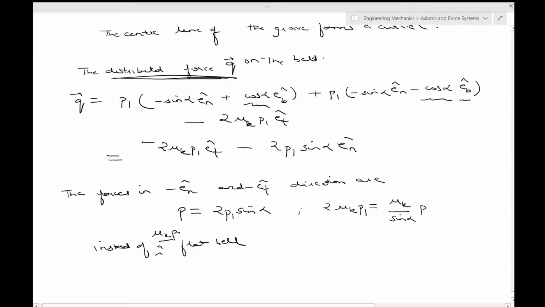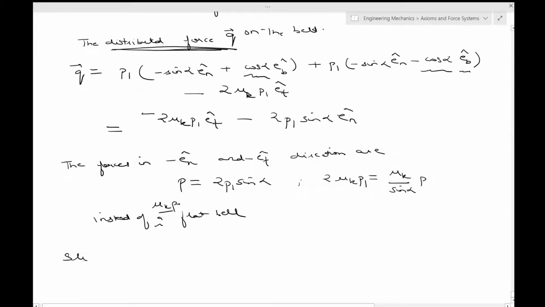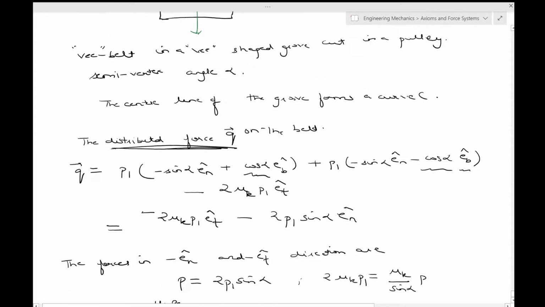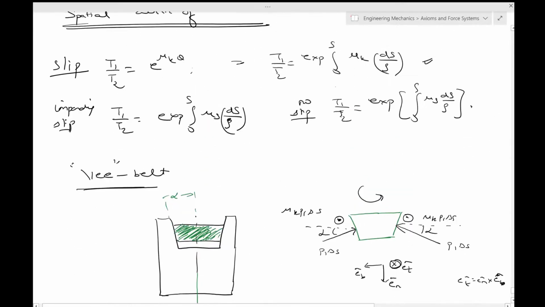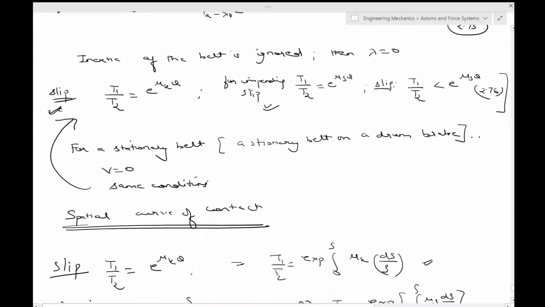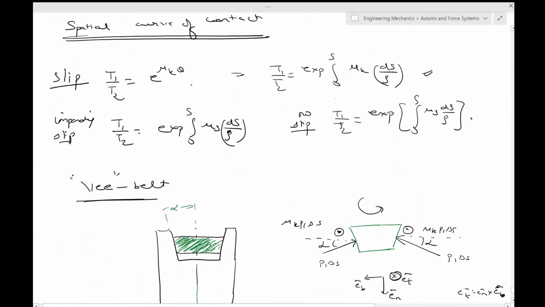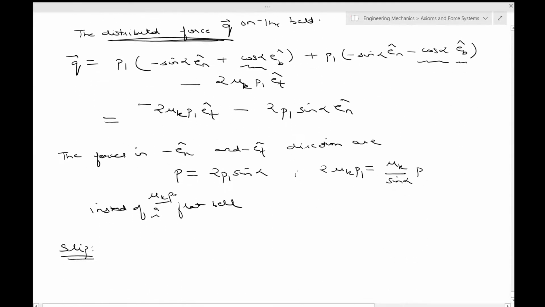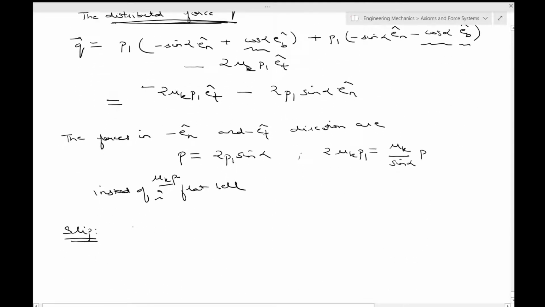Now again for slip, look at this one. Everywhere you see a mu k theta, you have to divide this mu k by sine alpha, and all mu s by sine alpha, on all these places for this particular V belt. So T1 by T2 is equal to e to the power of mu k by sine alpha into theta. This is for slip.